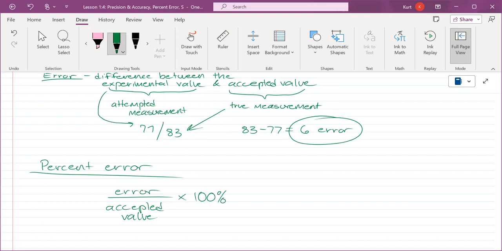So can you guys please solve that for me? Punch that in your calculator. Six divided by 83 times 100.